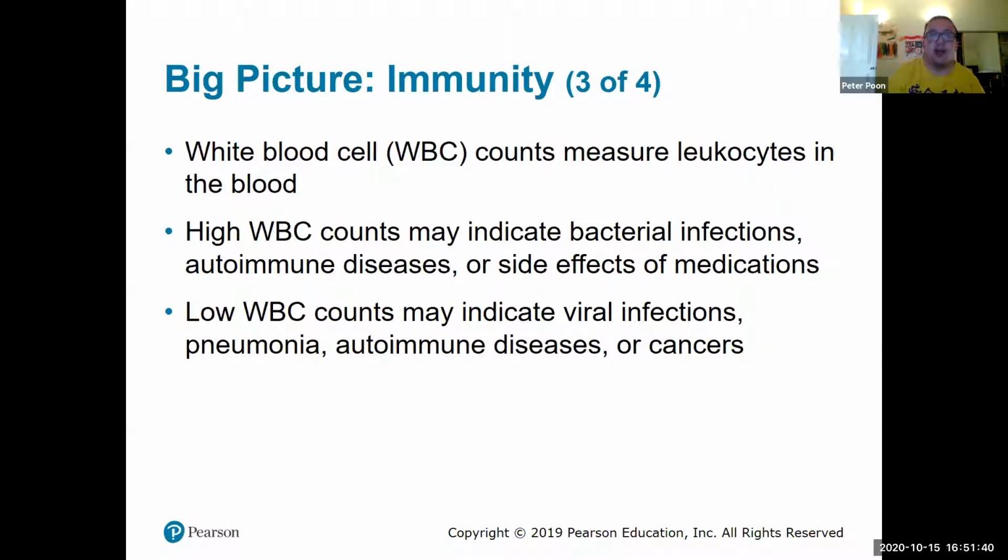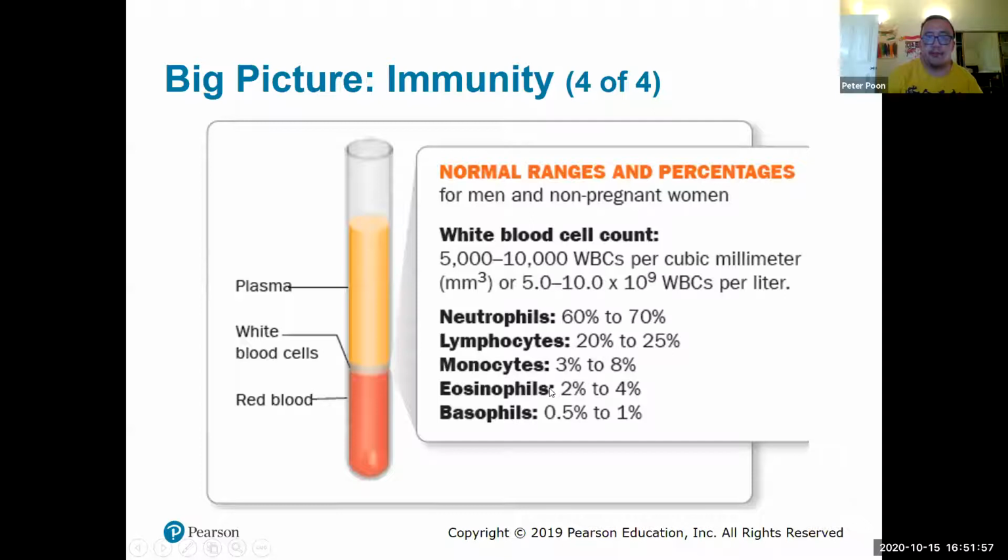Low white blood cells can indicate viral infections, pneumonia, downregulation of the white blood cells, which is another type of autoimmune disease, and or cancers. The normal range is about 5,000 to 10,000 white blood cells per cubic millimeter.